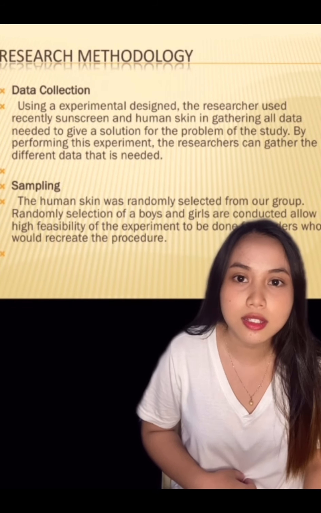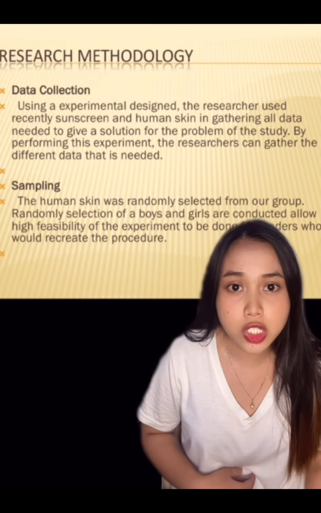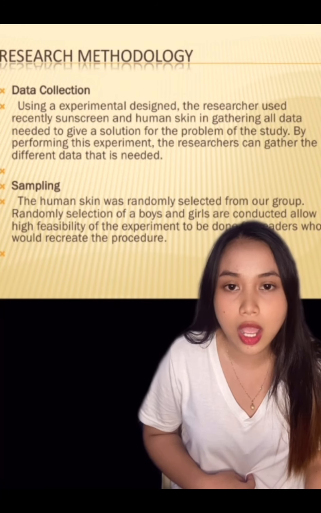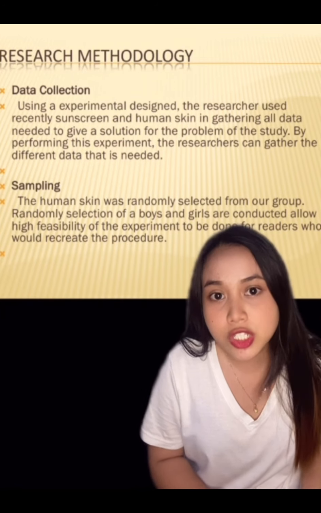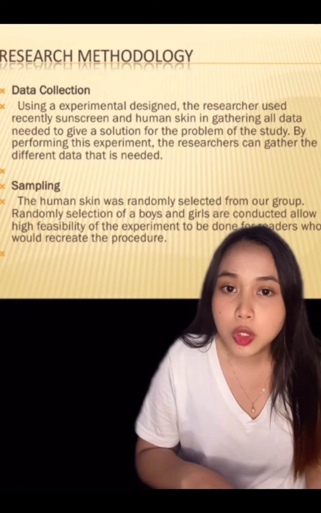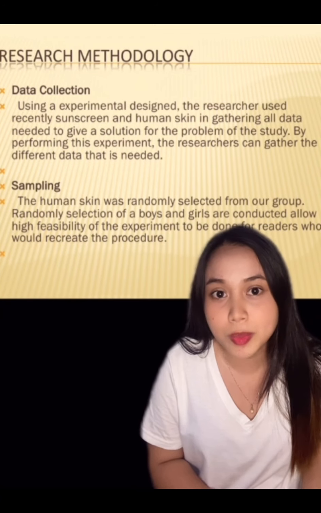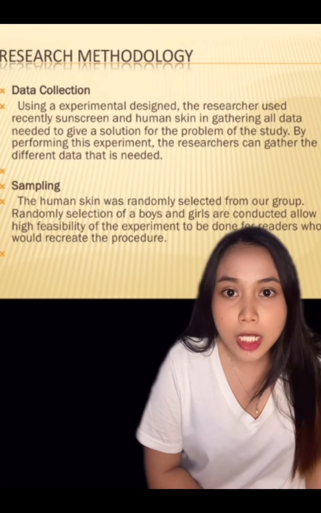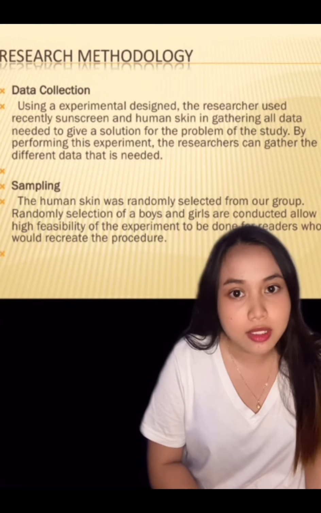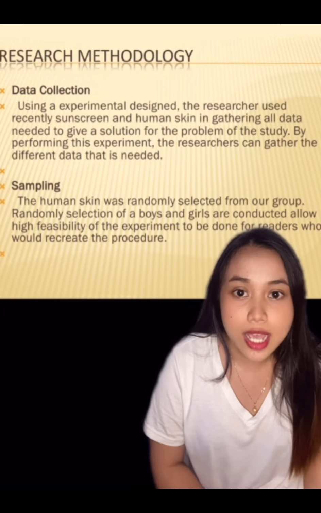Research methodology shows procedures and processes in using an experimental design. So the researchers used certain human skin and a sunscreen in order to provide a solution for the problem to be solved in the study. And in performing this experiment, the researchers can gather different data which is needed.